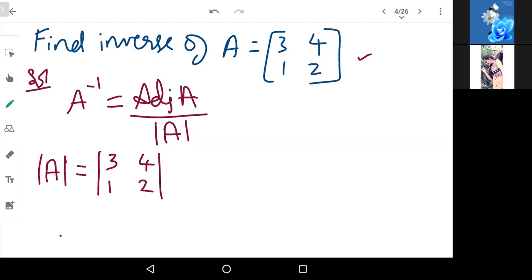Now, how do we find the value of this determinant? What should I do next? Can you tell me what I should do next to find the value?